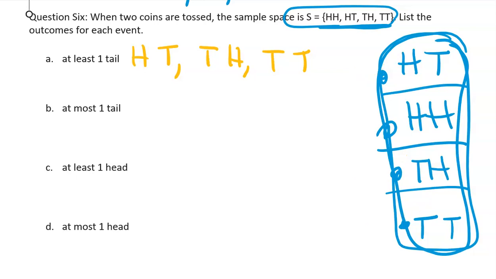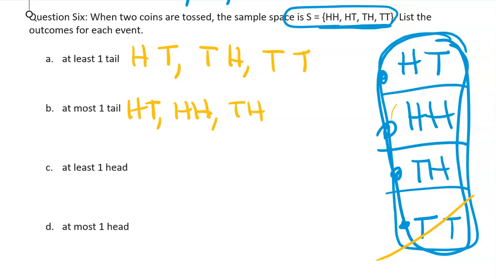So this one's fine. That one is also fine because there's no tails at all. That one is fine, but the last one is out. So I've got heads, tails, heads, heads, and tails, heads.